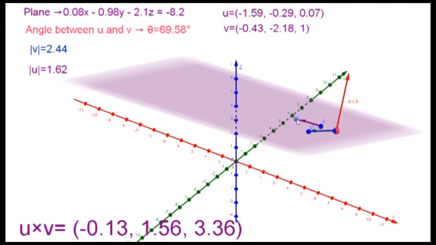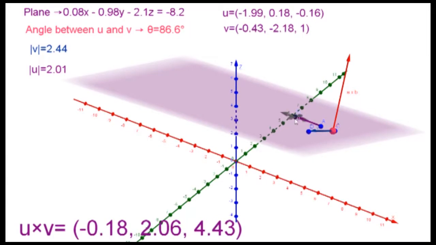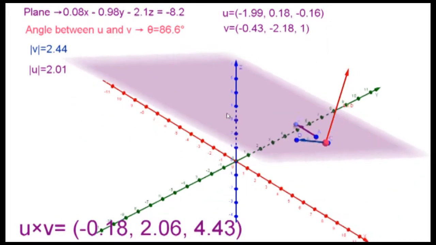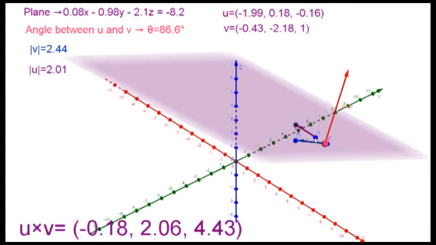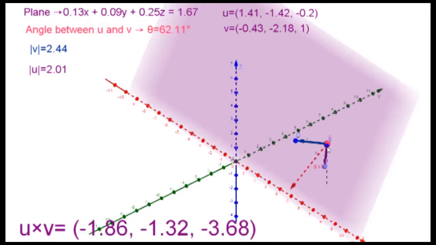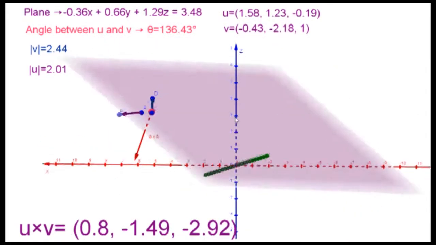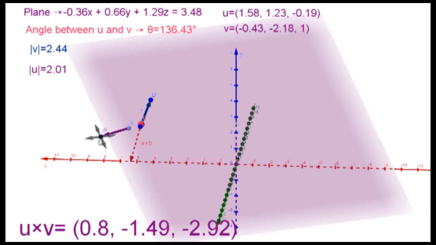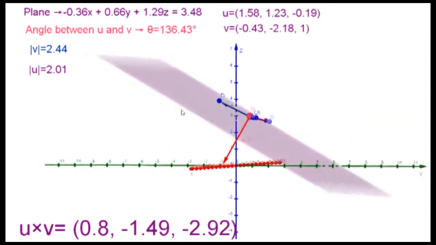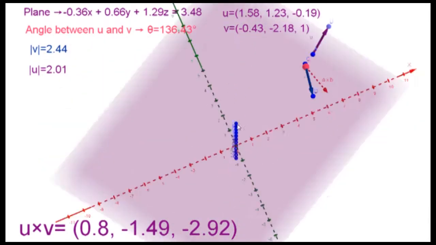Now if I try and move one of these vectors to the other side, which is a bit tricky in three dimensions because of this plane, the vector will go in the other direction. I've now moved the vectors.